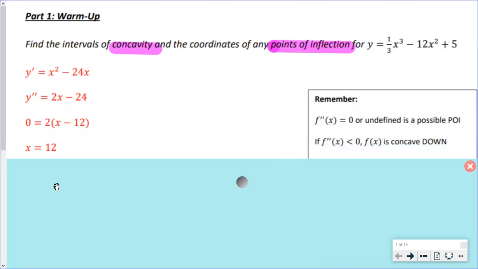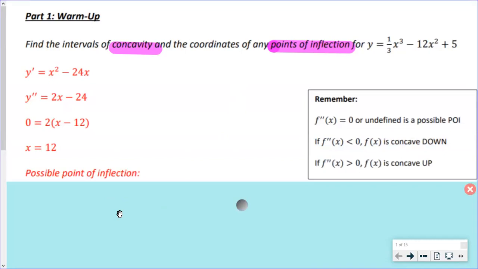Now, very important that if I'm going to use x is equal to 12 to find possible points of inflection, not guaranteed point, but possible points of inflection, it really requires me to take x is equal to 12 and substitute it back into the original function, not the first derivative, not the second derivative, but the original function.